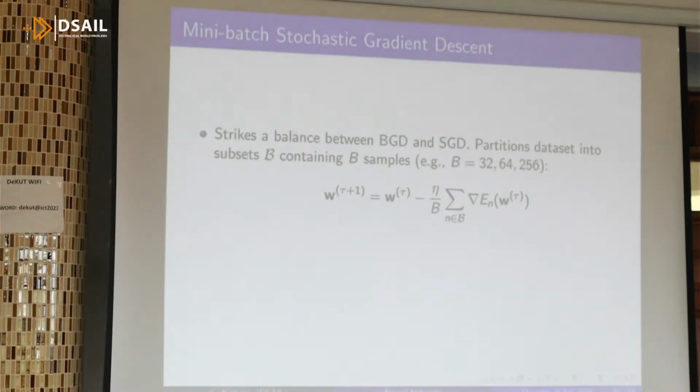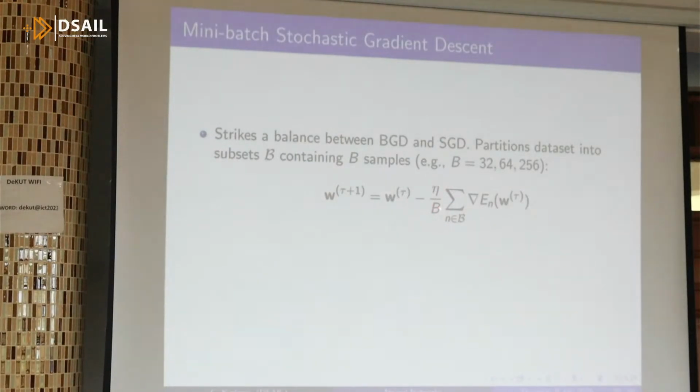If you take a small batch, it's still going to oscillate, but not as much as in the stochastic gradient approach. So you're taking partitions, subsets B containing B samples: 32, 64, 256. It's common to use powers of 2. Essentially, this is what it's saying.